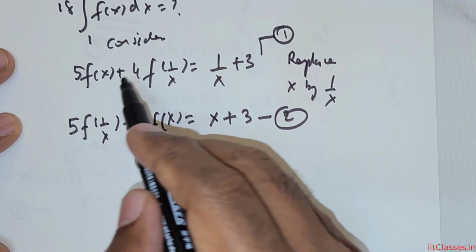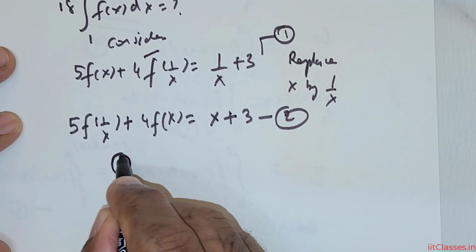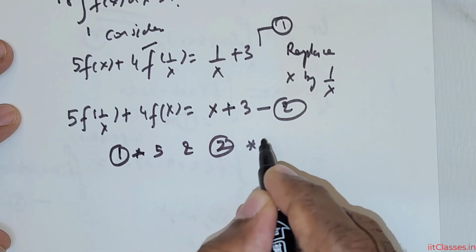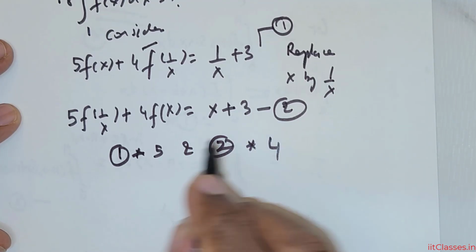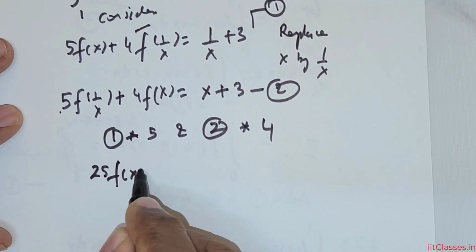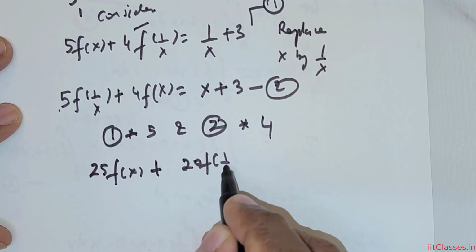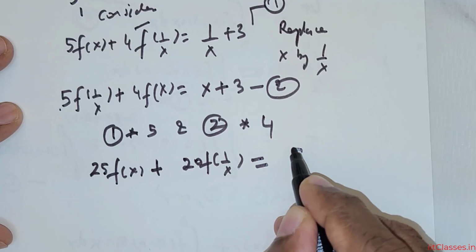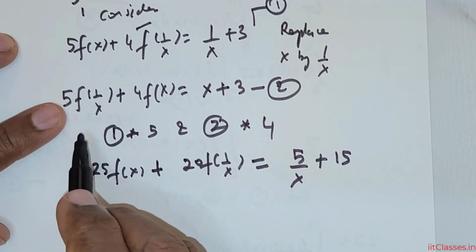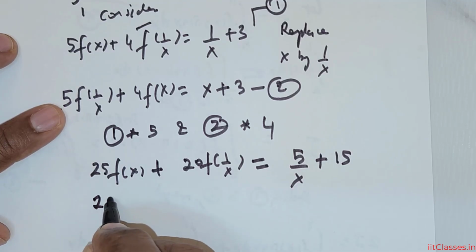Now I would want to get rid of this f of 1 over x. So equation 1 I'm going to multiply by 5 and equation 2 I'm going to multiply by 4. So this will give me 25 f of x plus 20 f of 1 over x is equal to 5 over x plus 15, and this one you multiply by 4.